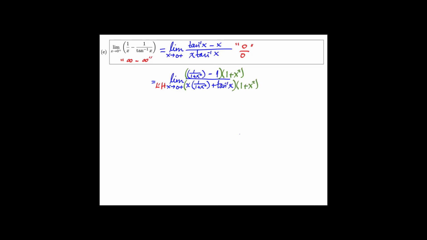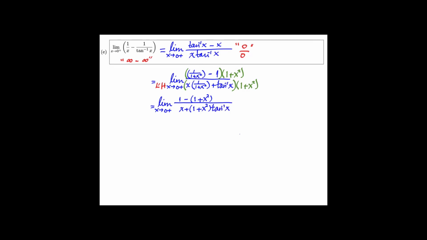And after we distribute that, we get the limit as x approaches 0 from the right of 1 minus 1 plus x squared over x plus 1 plus x squared times the arctan of x.